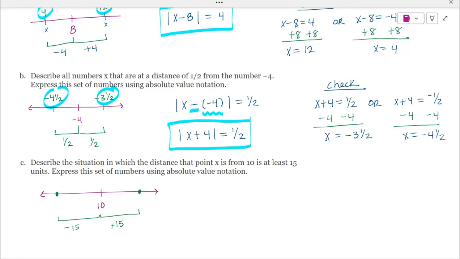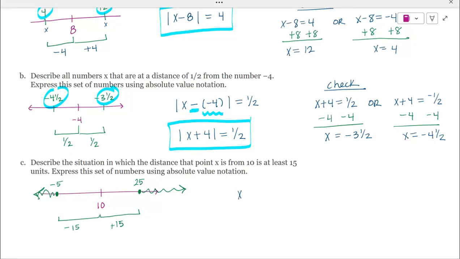And I want everything that's farther away from that. So this number here we think is going to be 25, and this number here we think is going to be negative 5. All right, so I don't know what my values are, so I call them x.